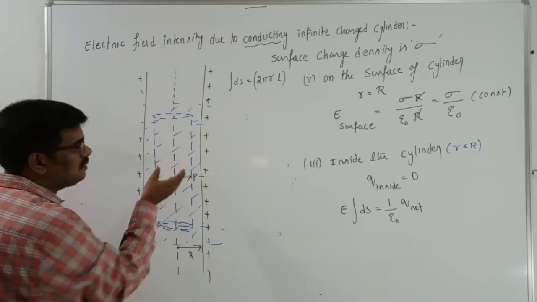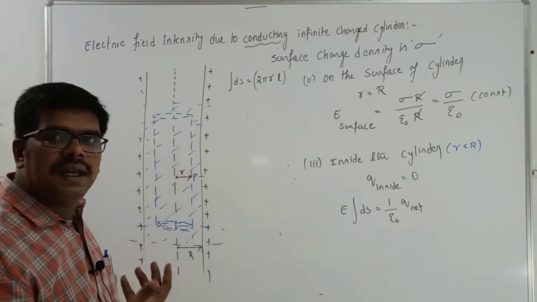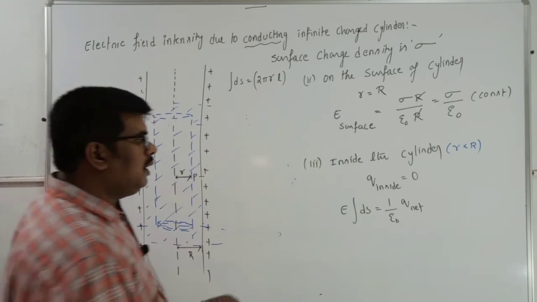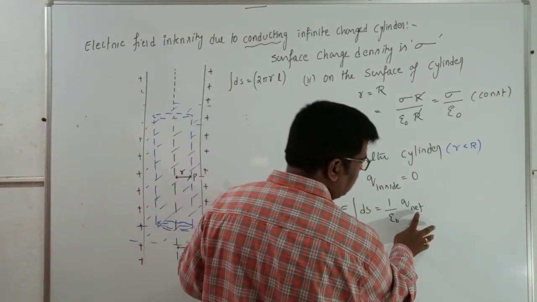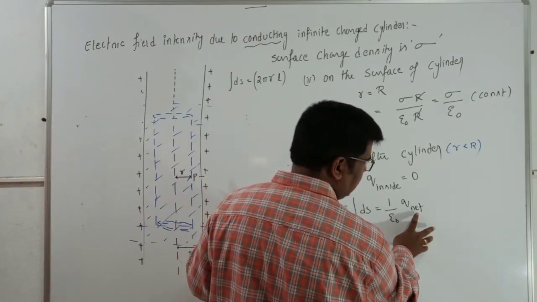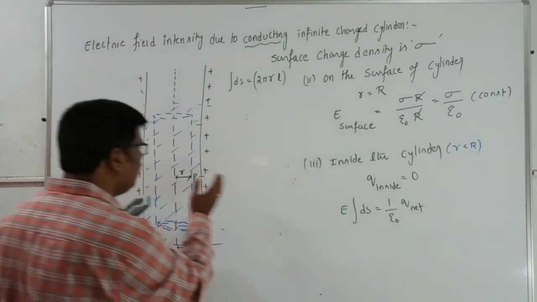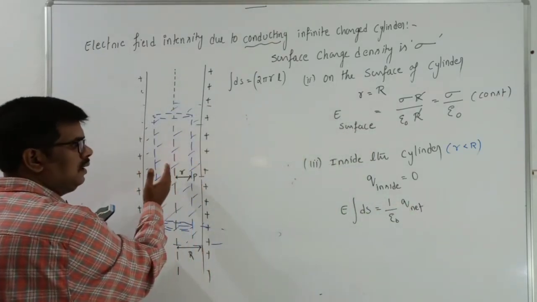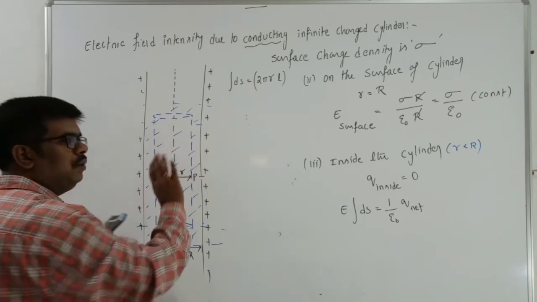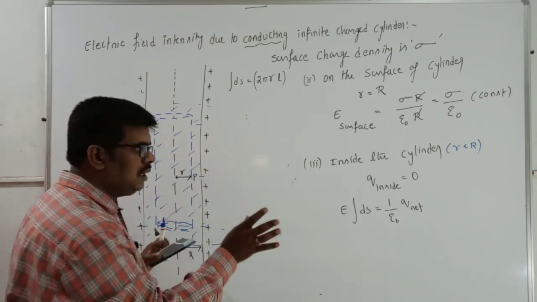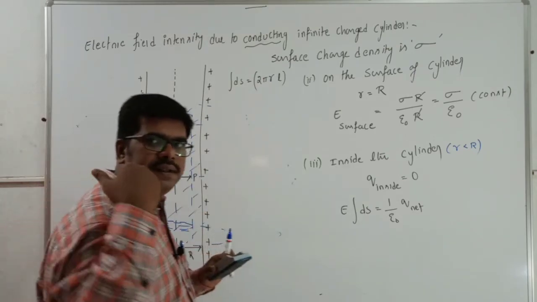So the Gaussian surface does not enclose any charge. Net charge means the charge enclosed by the Gaussian surface, and inside the cylinder no charge is present, so the net charge enclosed is 0.